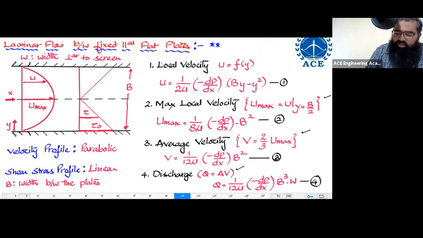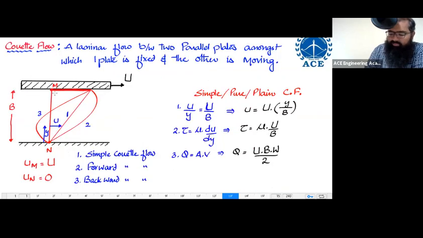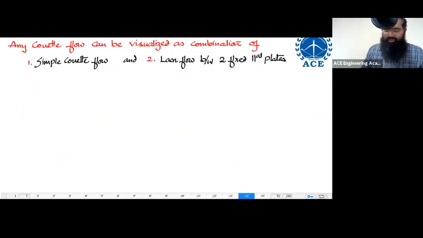Once you start pulling the plate forward, this velocity profile, which is parabolic, will now have this velocity moving with the velocity of the upper plate and still parabolic. What will you get then? Parabolic, but with upper plate's motion over here. Are you able to imagine this?